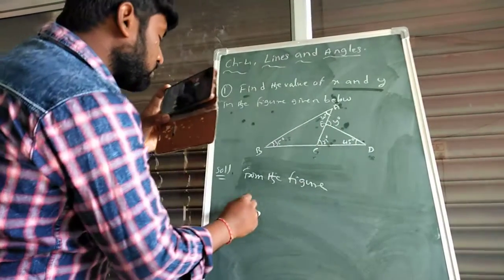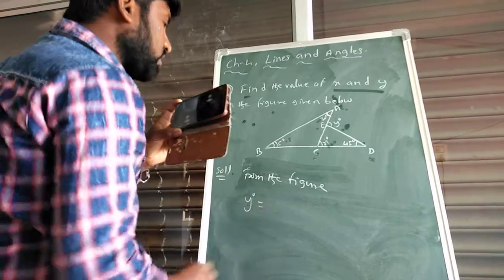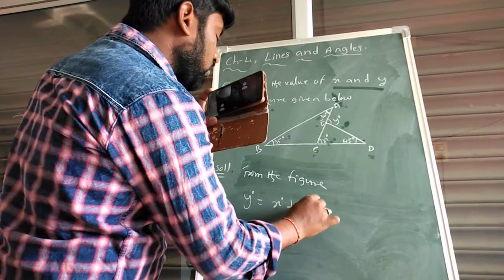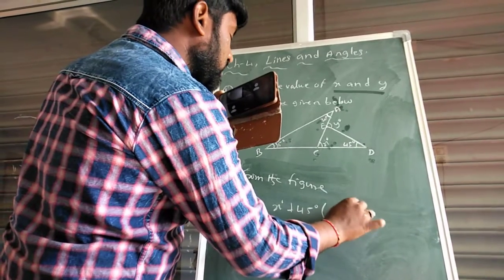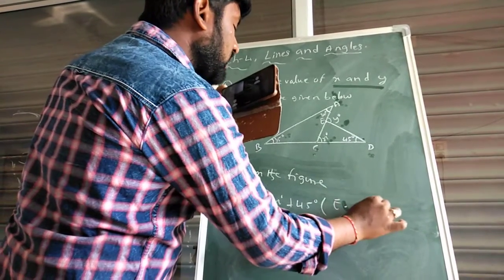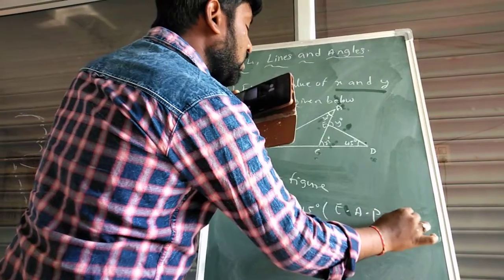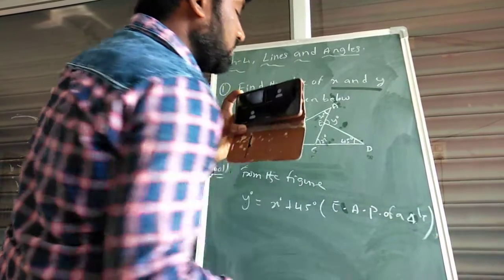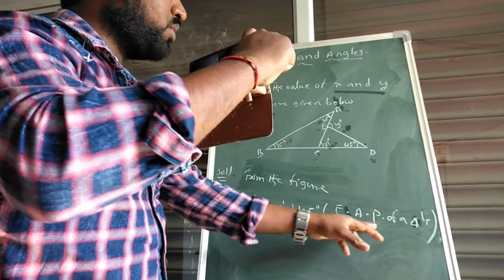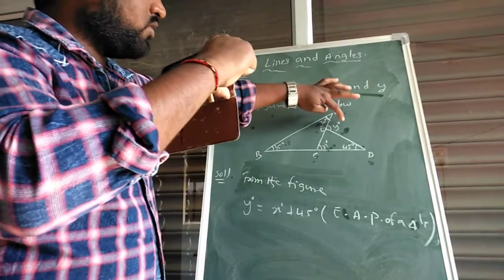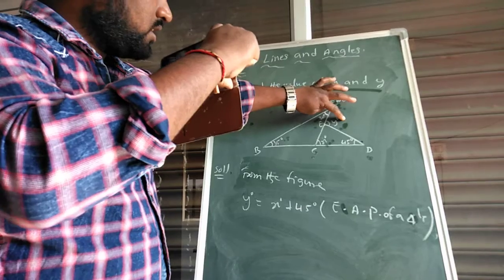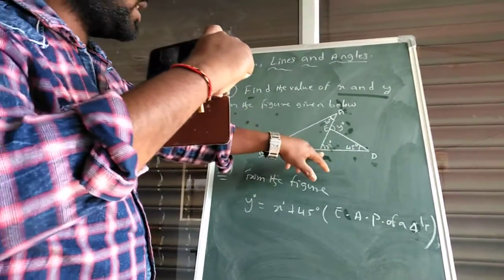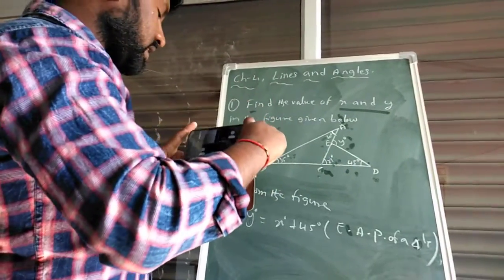So from the figure we can write y degrees is equal to x degrees plus 45 degrees. This is also the exterior angle property of a triangle. Here y degrees is the exterior angle, equal to the sum of opposite interior angles, that is x degrees plus 45 degrees.